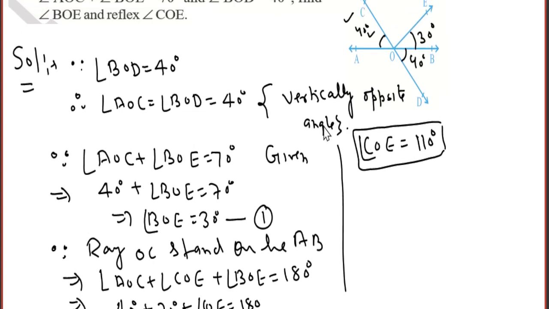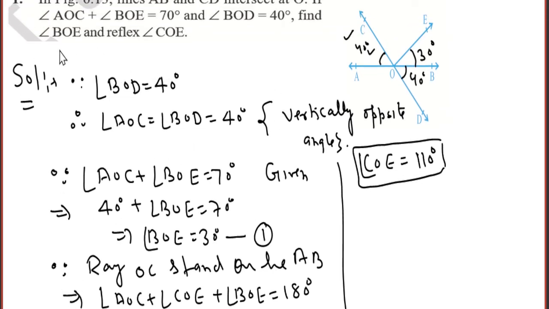Okay. Now, since we have to find reflex of angle COE, to find reflex of any angle, we have to subtract the given angle from 360.